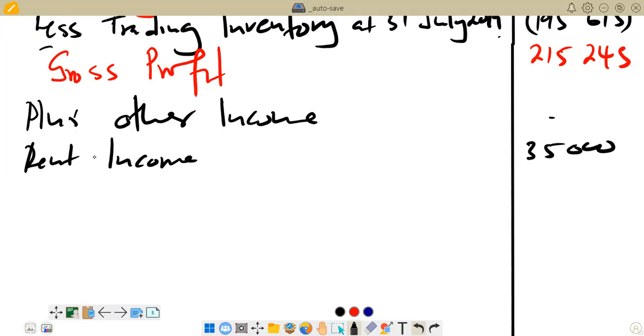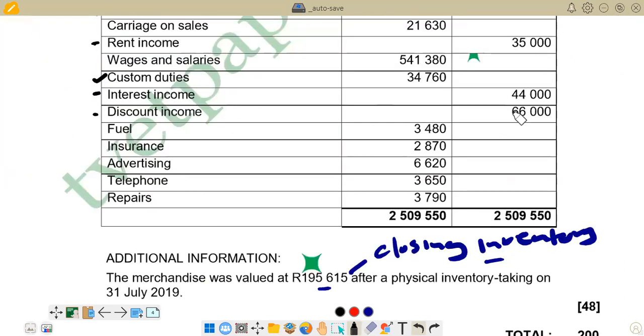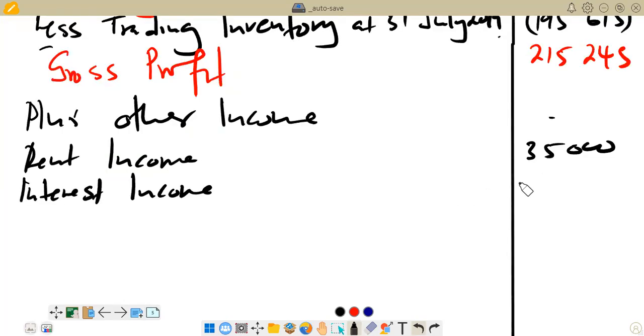So we have rent income, and according to the question again, we have interest income. Then for interest income, remember the figure that we have there is 44,000. We can go back just to verify that figure. Interest income 44,000, then discount income 66,000. So on interest income, we are saying we have 44,000.